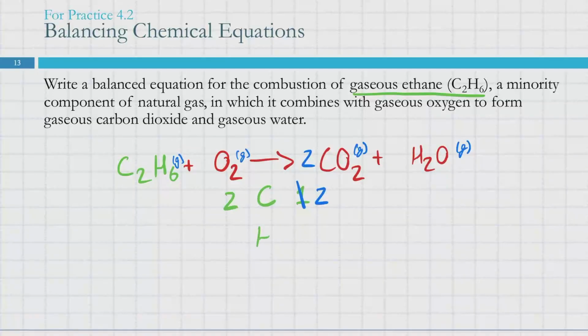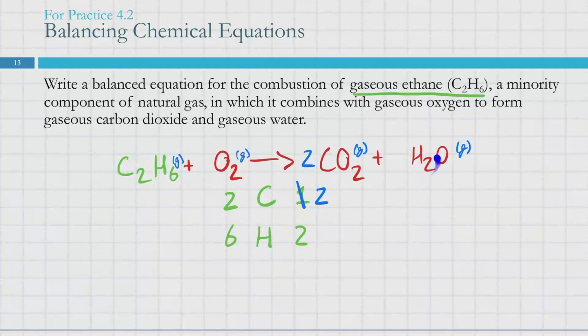Next up is our hydrogens. We have 6 on the left side because we've got 6 in each ethane, and we have 1 ethane. We only have 2 on the right side. What coefficient do we need to put in front of our H2O to get them balanced? 3.